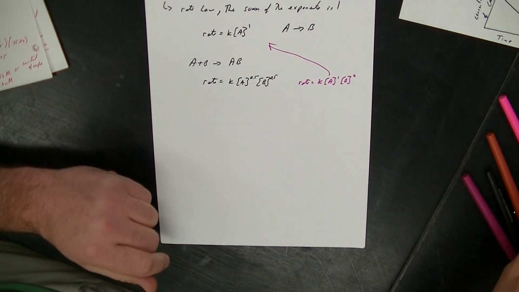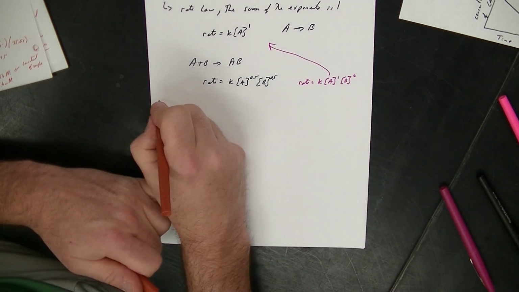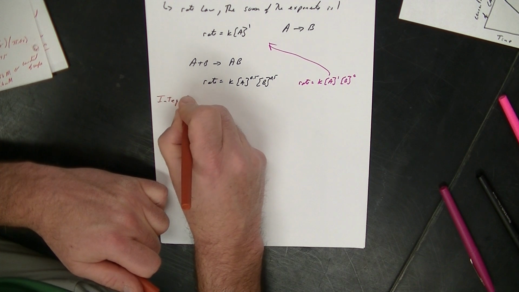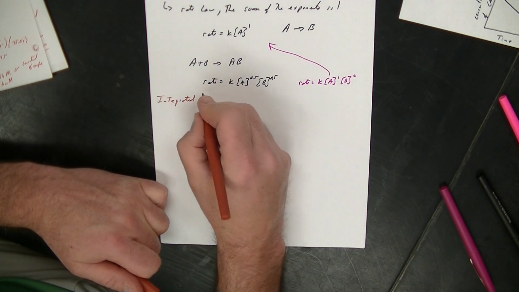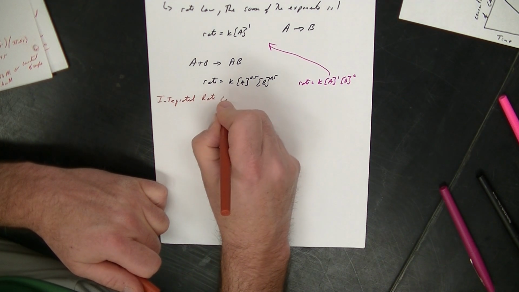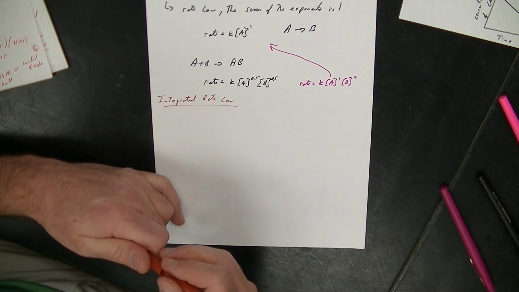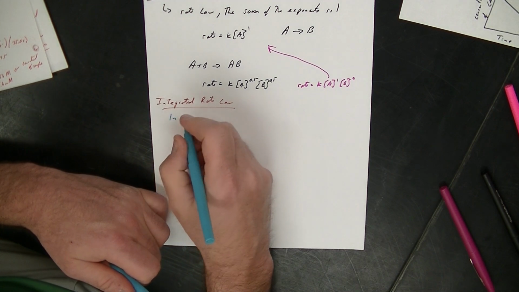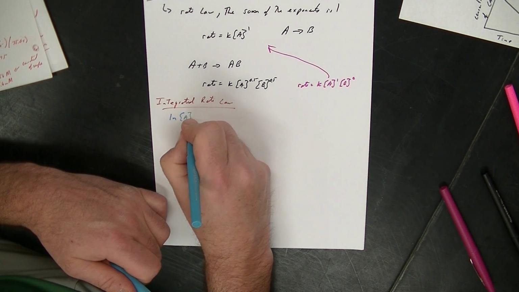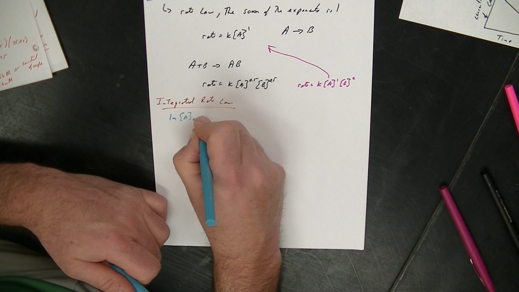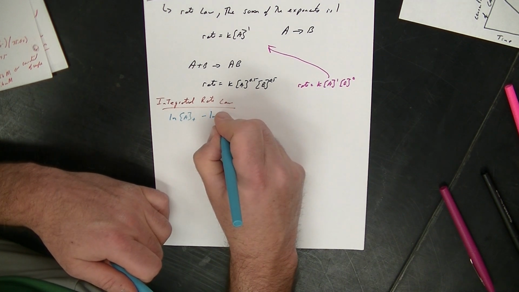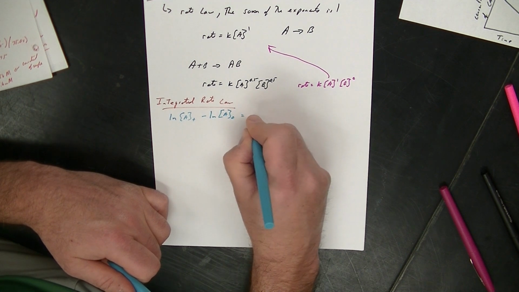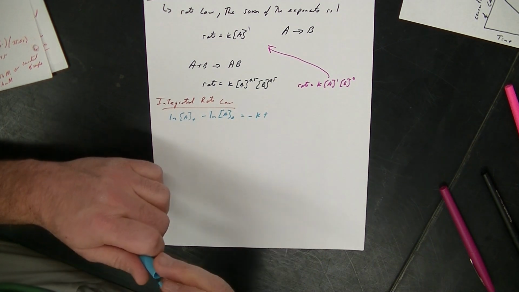We can integrate that rate law, and this is for first order. This is natural log of the concentration of A at time t minus natural log of the original concentration equals negative kt.